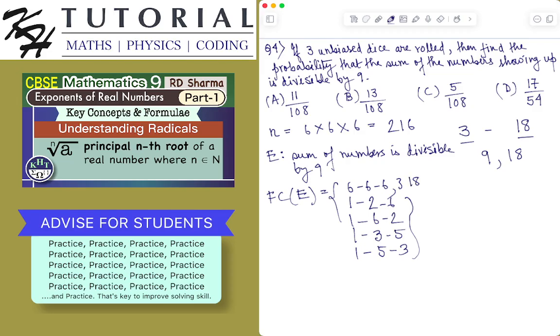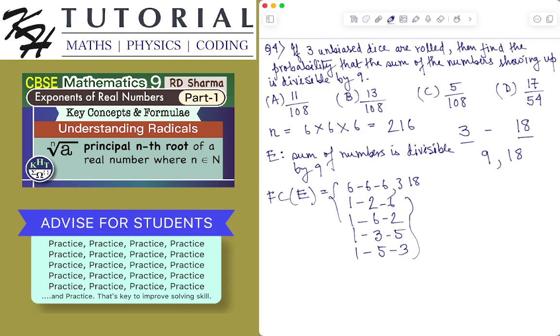These are the combinations 126, 162, 135 and 153 where the sum of the numbers showing up on the three dice is 9.